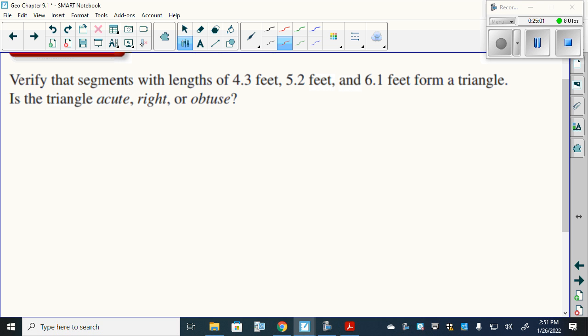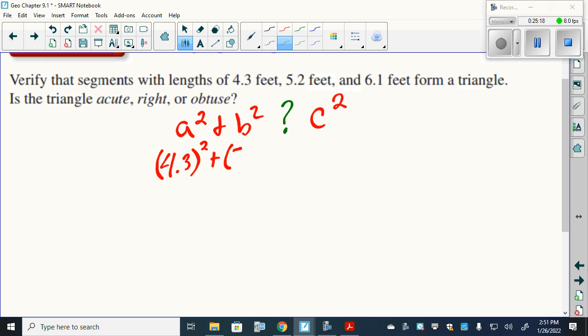But if we want to determine if it's acute, right, or obtuse, we're going to be taking a squared plus b squared and seeing how it relates to c squared. Now, 4.3 squared plus 5.2 squared, if we calculate it, we get 45.53. So the two smaller side lengths, when we square them and add them together, give 45.53. Now the hypotenuse, the bigger side length, is going to be our 6.1.